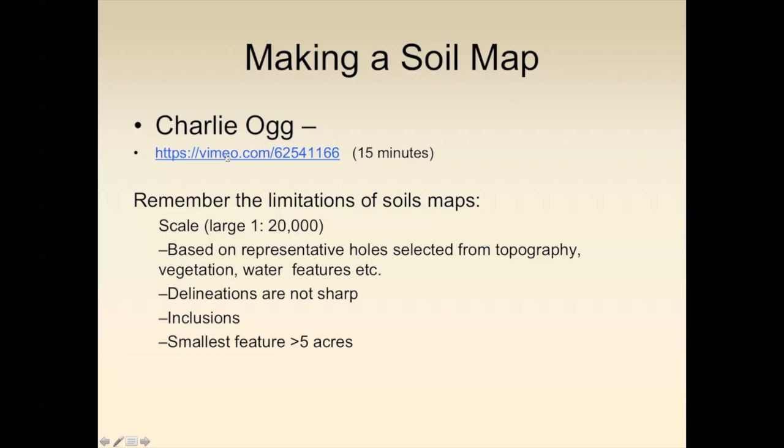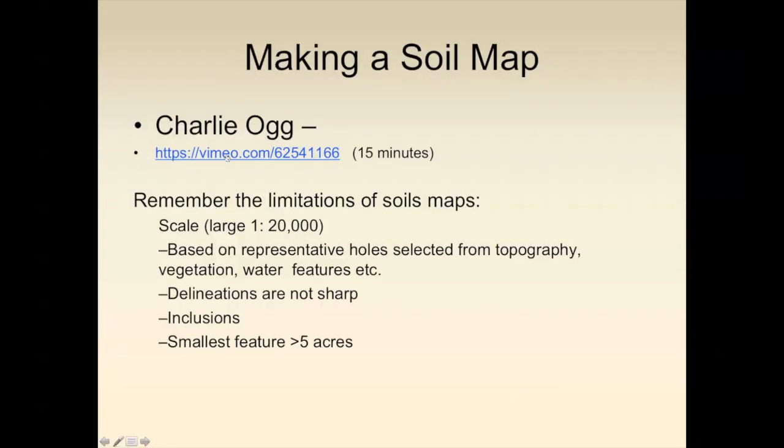Before we continue on to this live demo, we need to remember the limitations of soils maps. If you have a look at what Charlie's talking about, soils maps are made at a large scale, 1 in 20,000. So they're based on large areas that are selected from topography, vegetation, water features, and things like that.